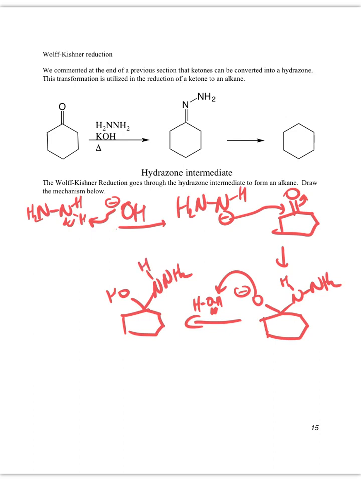From here, since we're in base, we can't protonate the OH again to make it a good leaving group, but we can remove the hydrogen off of the hydrazine to go back to a negative charge. So we have the OH, the N-, NH2.